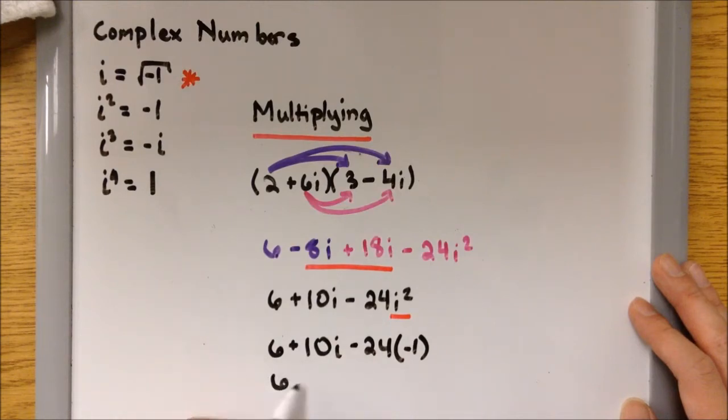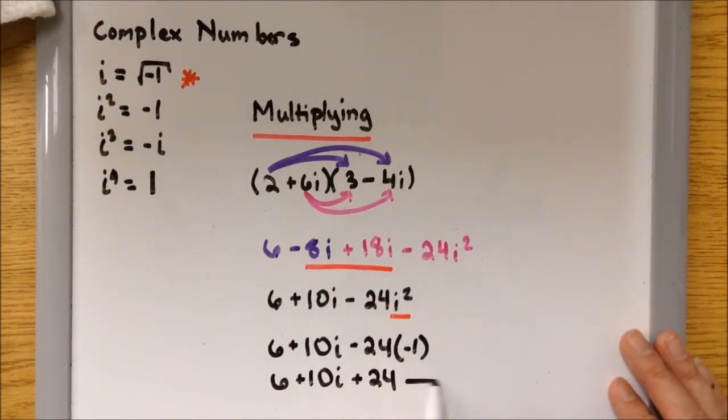So now I can simplify. 6 plus 10i, negative 24 times negative 1 is plus 24. And then that will simplify too, because these two are real numbers. I can combine them. So 6 plus 24 is 30, which I will put first, and then I'll put the complex imaginary number second, so 10i.